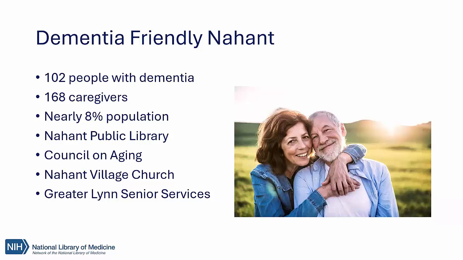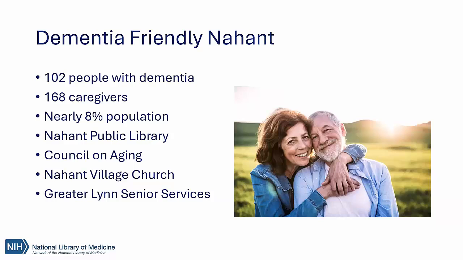This means dementia impacts nearly 8% of Nahant's population. As the population continues to age, this percentage will continue to rise. The Dementia Friendly Nahant project enlists the services of the public library, the Council on Aging, the Nahant Village Church, and the Greater Lynn Senior Services to provide materials, services, and programs for people with dementia and their caregivers.